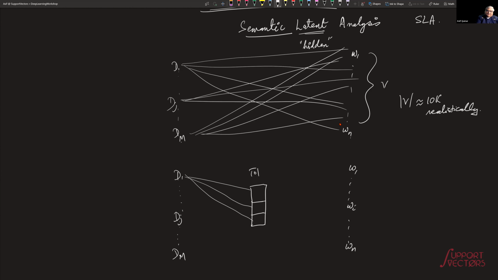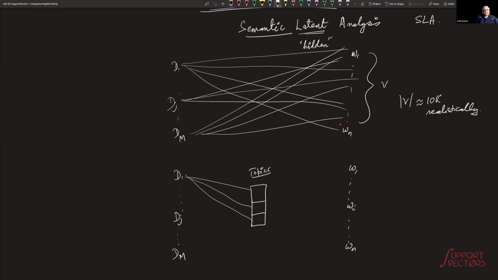Think of these topics as, like we said, STEM, sports, politics. So each document may be colored to different degrees by the 3 topics.